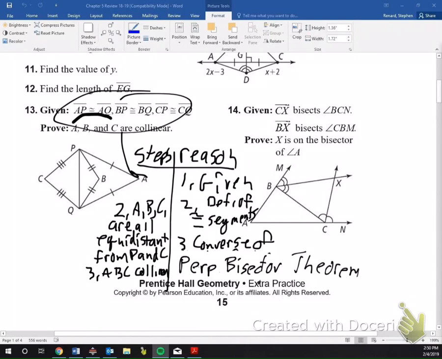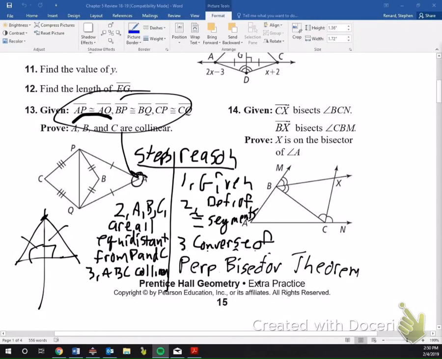So the perpendicular bisector theorem says that any point on the perpendicular bisector of a segment is equidistant from both of the endpoints. So it says if I draw a segment right here and its perpendicular bisector, that I can pick any point on here and the distance from that point to both of the endpoints will be the same. Now, the converse of that is that if a point is equidistant from both of the endpoints, it is on the perpendicular bisector.